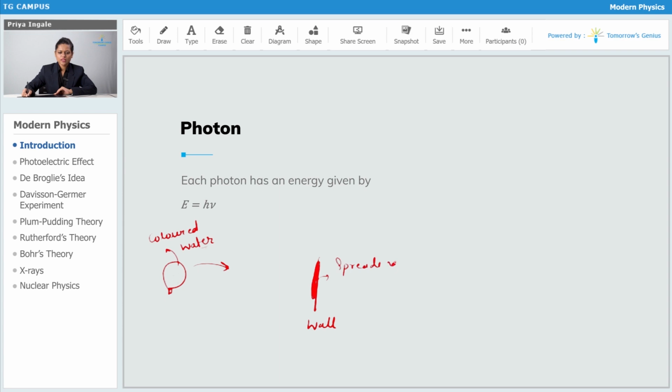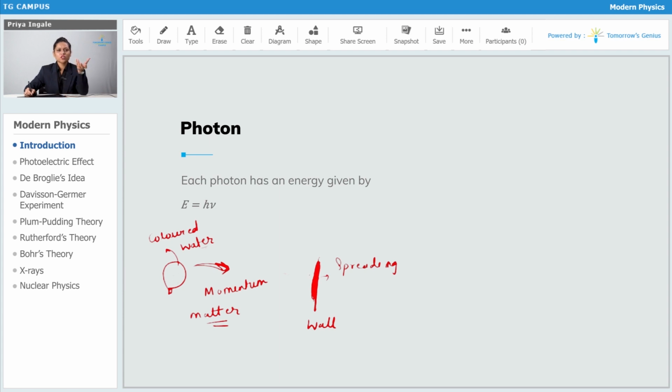Now, you can see two things here. The first thing is that this balloon is traveling towards the wall. That means it has momentum, right? So, we can say that it is in matter form right now, but when it strikes the wall, it gets spread.